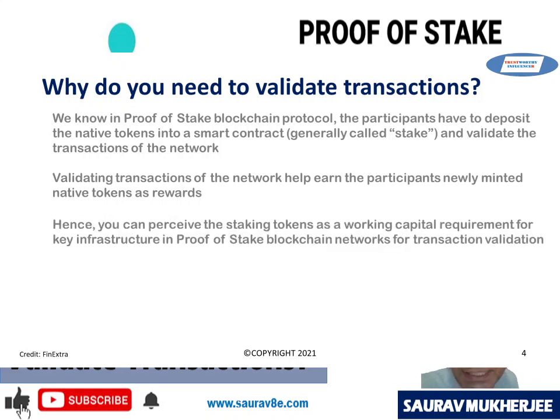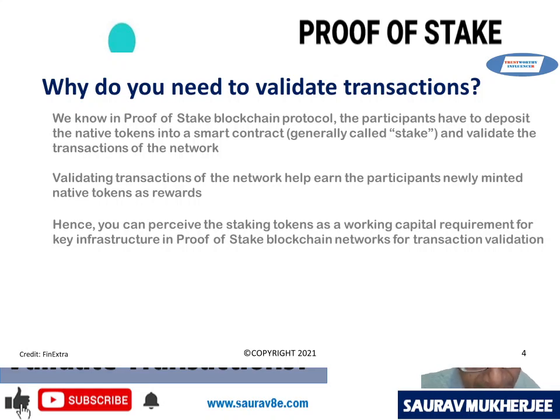Now, hence, you can perceive the staking tokens that you earn as a working capital requirement for key infrastructure in proof of stake blockchain networks for transaction validation. That means what you are earning basically becomes a working capital for you. So you earned that token because you worked on something.